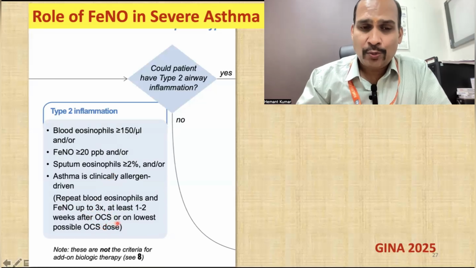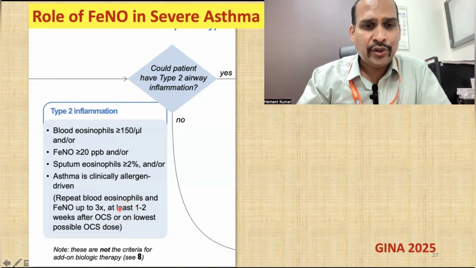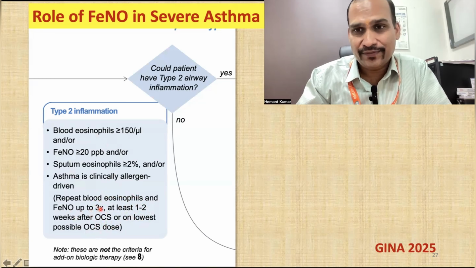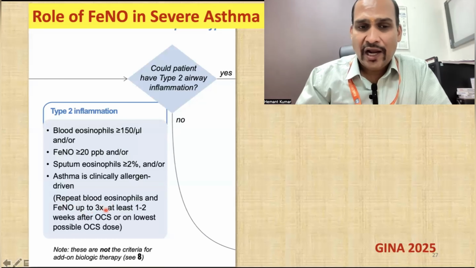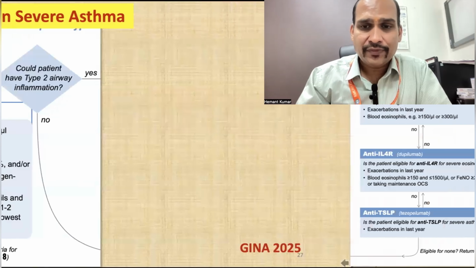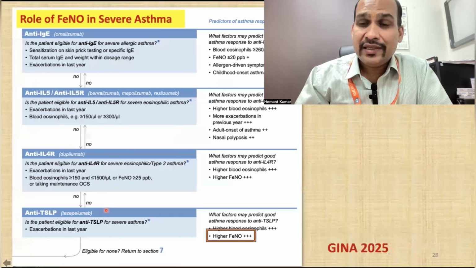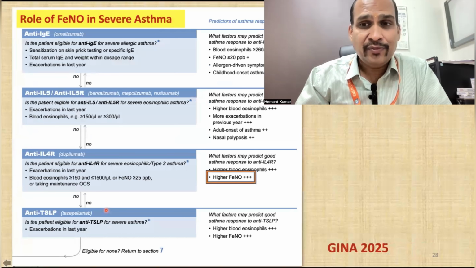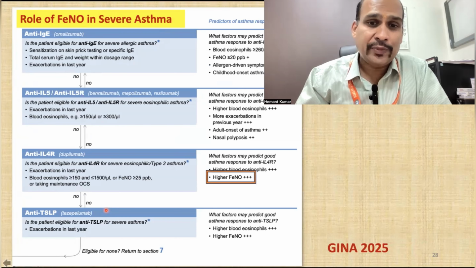So you have to stop oral corticosteroid at least for 1 to 2 weeks, and we have to repeat blood eosinophil and FeNO up to 3 times to get these values. Okay, so after getting these values, we can decide which biological would be useful for that particular patient.